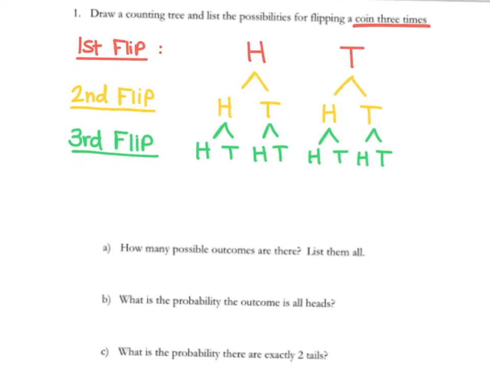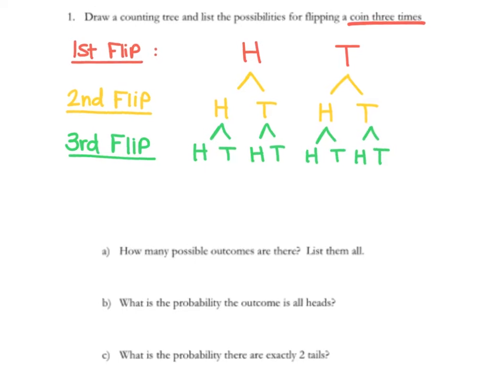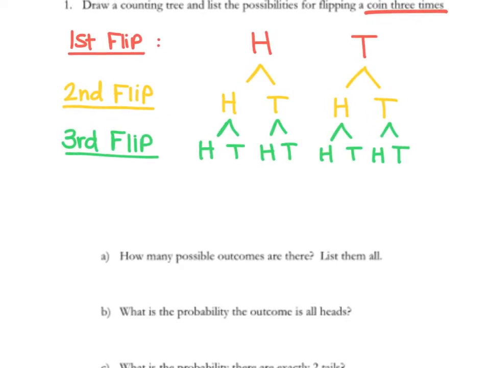Now, question A says, how many possible outcomes are there? List them all. So what do they mean by that? They mean if I flip a coin 3 times, I could get 3 heads in a row. Heads, heads, heads. So there's a possible outcome. All I'm really doing is tracing down my tree diagram. Or I could get heads, heads, tails.